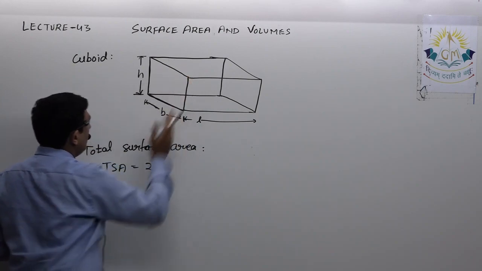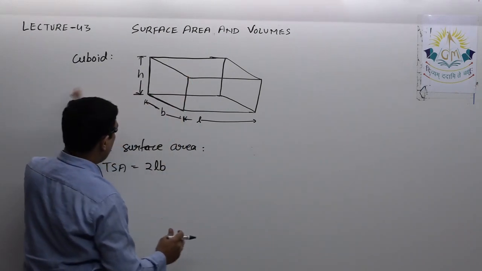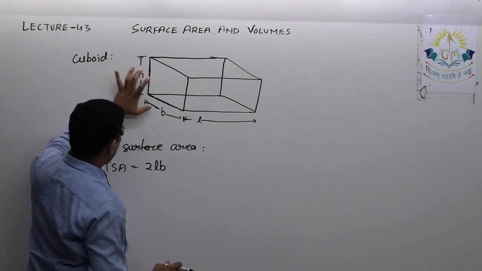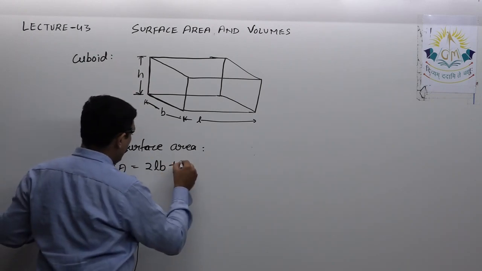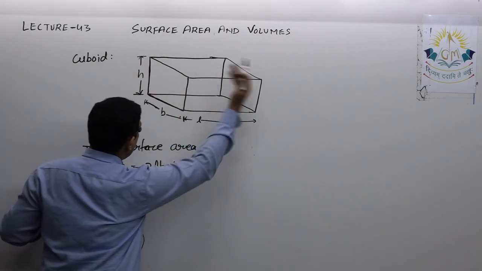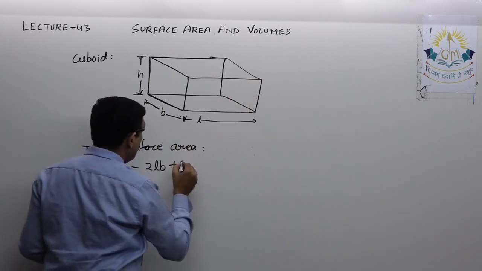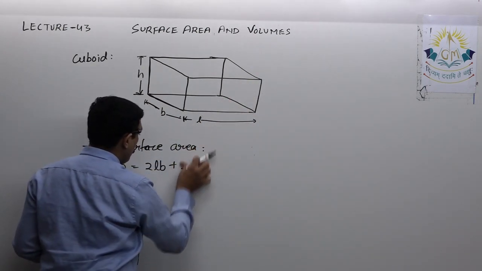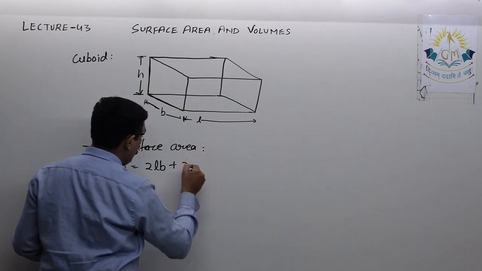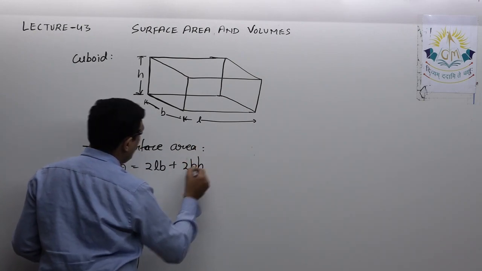Then the surface on the left hand side has dimensions B and H, so its area will be B into H. Similarly, the surface on the right hand side is again B into H. So this gives you twice of BH.